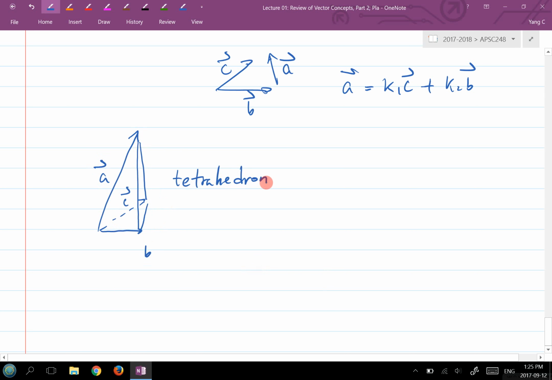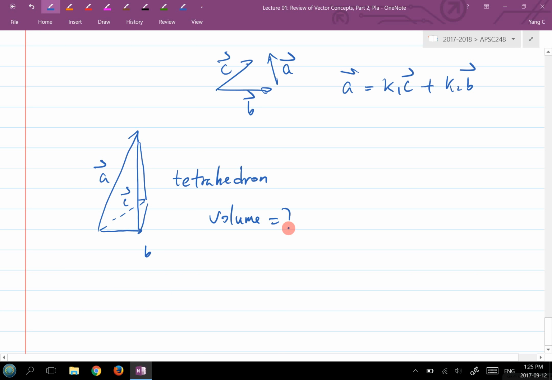Using the same approach, you can try to think about what the volume of this tetrahedron will be. Before you do a calculation, take a wild guess. What's the fraction of the volume of the tetrahedron compared to the volume of the parallelepiped? 1/3?